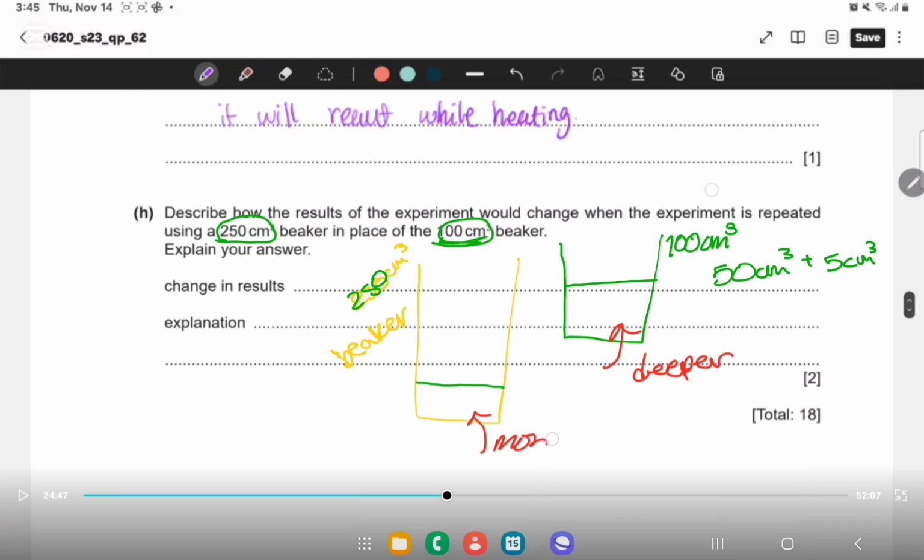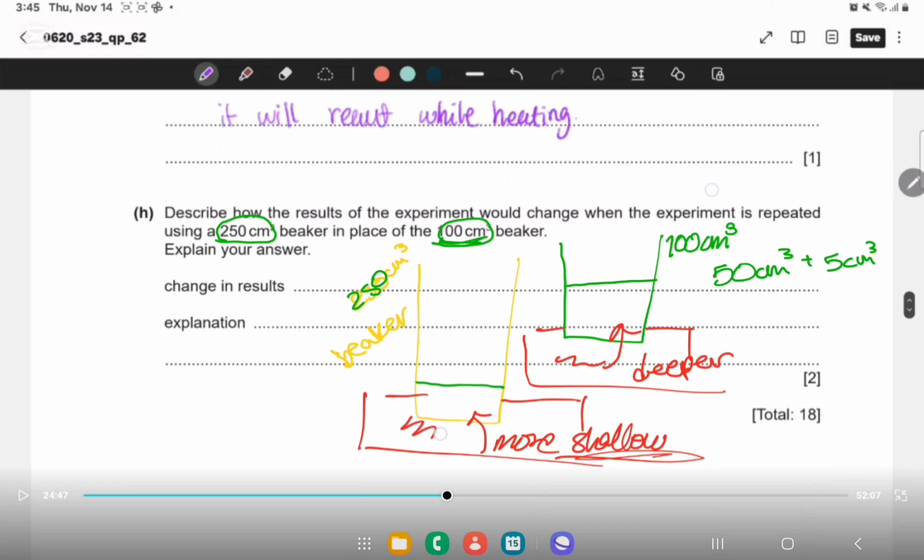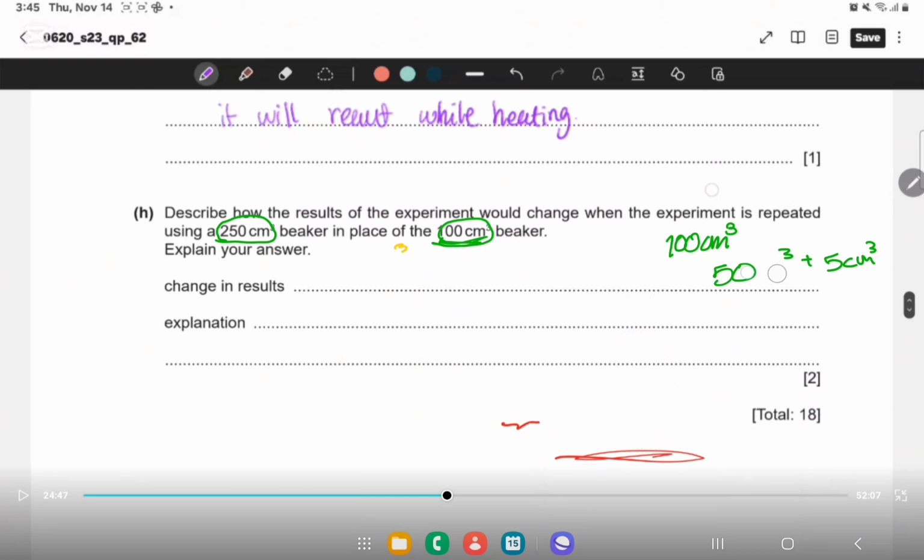Here it's more shallow. So of course, since the 100 centimeters cubed beaker is deeper, it's going to take more time to react and show the text that they're trying to see under the beaker. But here, since it's shallower, it's going to take less time to show the text that they're trying to see under the beaker.